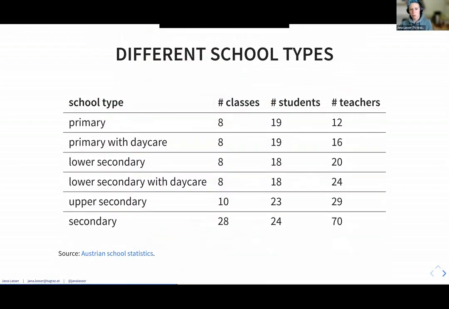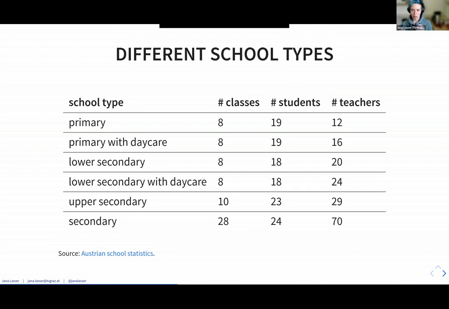So in summary, we model a total of 6 different school types, which are the most prevalent school types in Austria. We have primary schools for students aged 6 to 10, also with afternoon daycare, then lower secondary schools for students aged 10 to 15, again with daycare, upper secondary schools for children aged 15 to 18, and then the secondary schools for children aged 10 to 18.